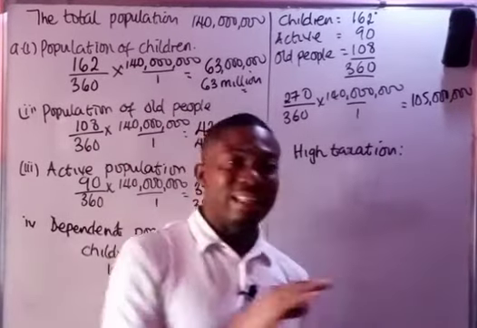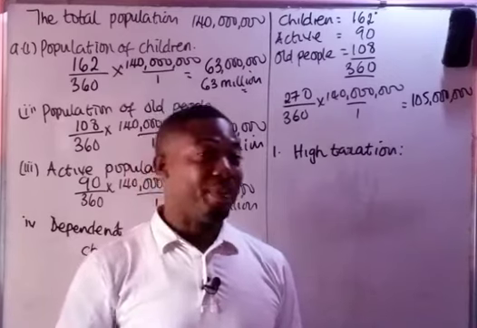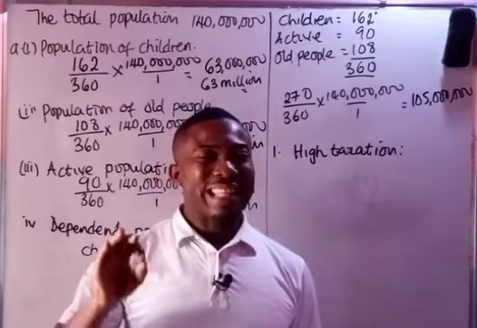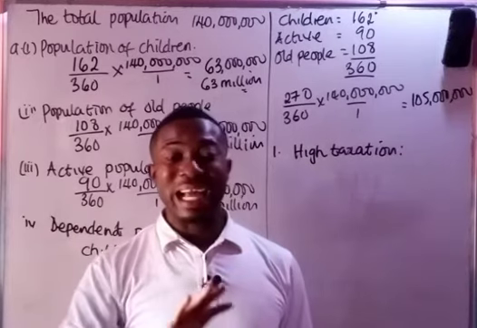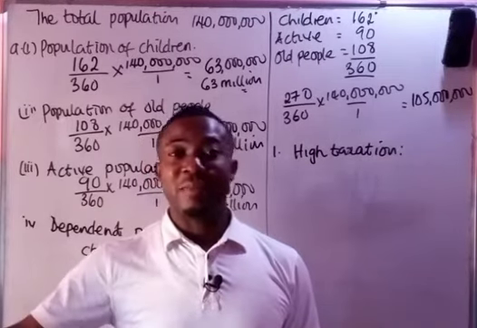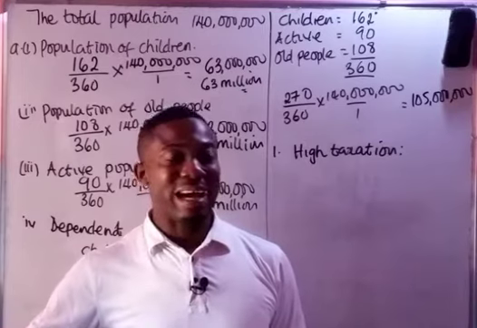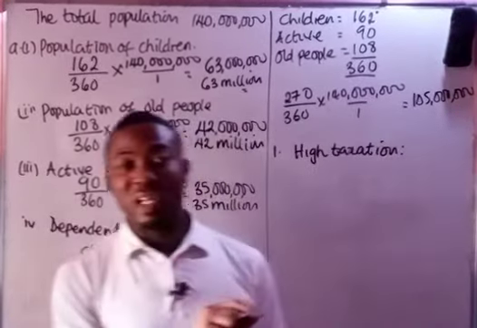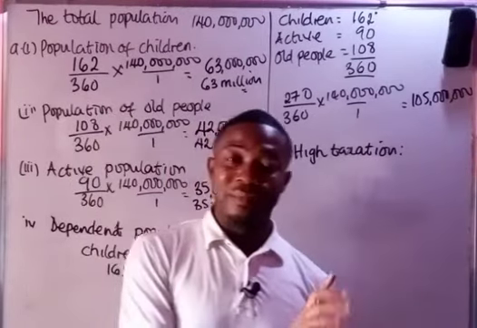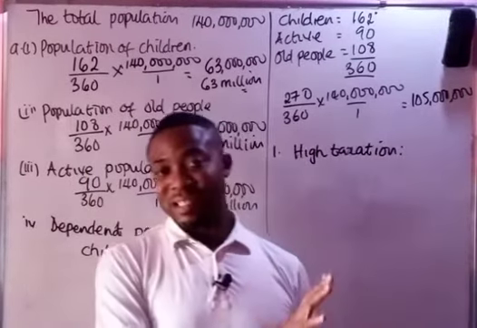Now, what it means is that those active population, those are the people working, so they will be taxed high because the dependent population cannot work, they can't be taxed. The retirement benefit of the retirement people can't be taxed. Okay, and also the children also are not eligible to pay tax, exactly direct tax as at that time.